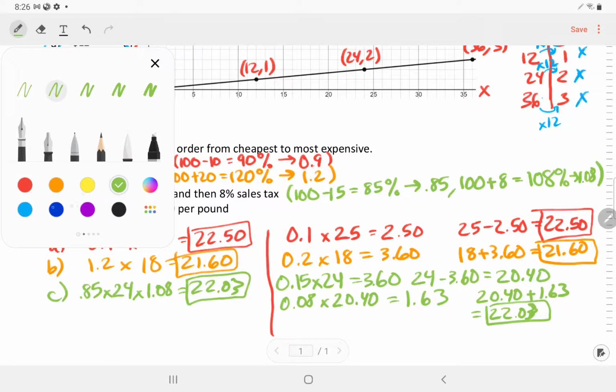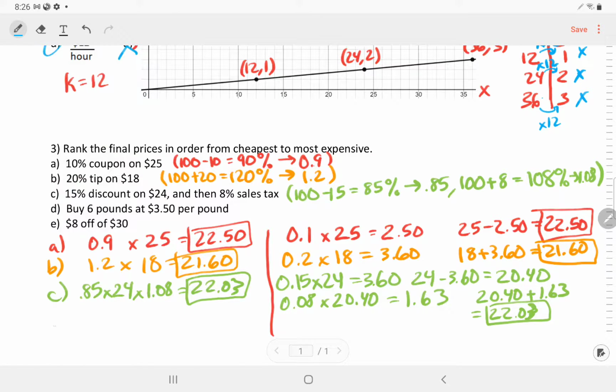D. Buy 6 pounds at $3.50. So $3.50 per pound times 6 pounds. So 6 pounds times $3.50 per pound will get us $21 total.